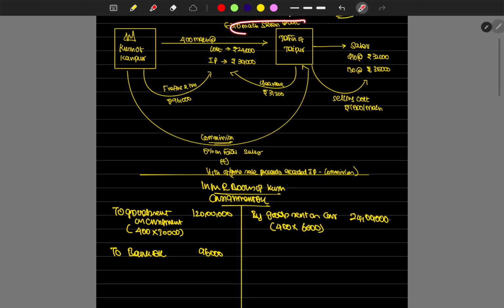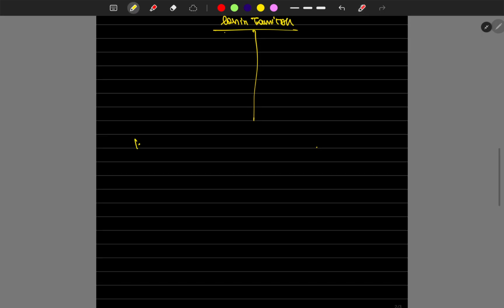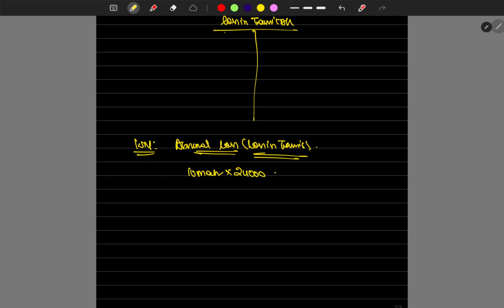Stolen happened, right? Let's go to the working note and prepare the abnormal loss item, just loss in transit. How many machines were lost? 10 machines, costing rupees 24,000 each, so 2,40,000 is the price.